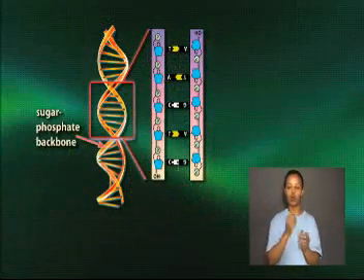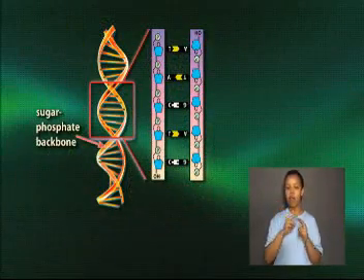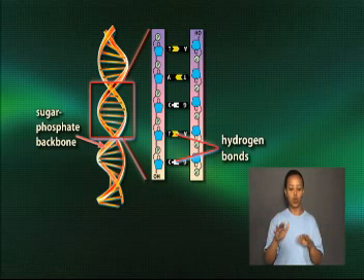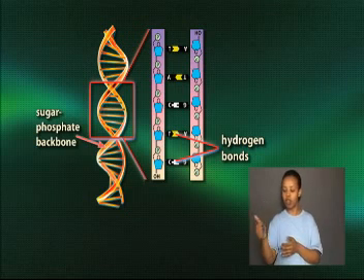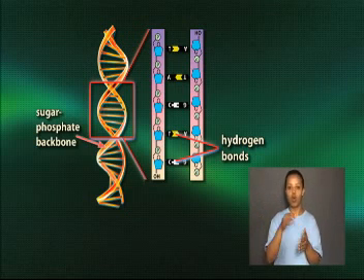DNA is a very stable molecule at normal temperatures. The hydrogen bonds that hold the two strands together are individually very weak, but there are so many of them in the whole molecule that the two strands are held firmly in position.